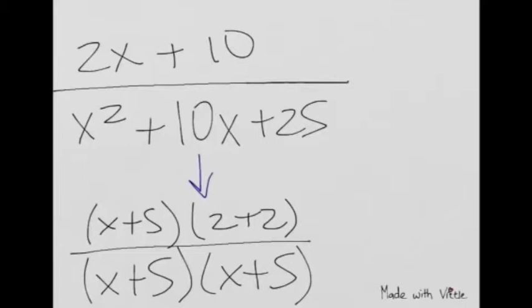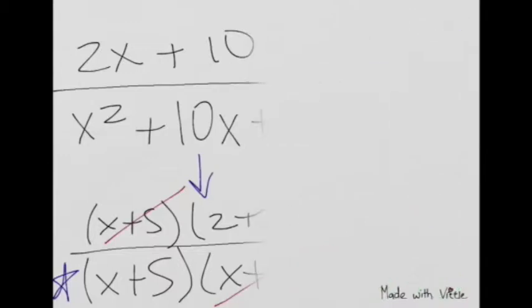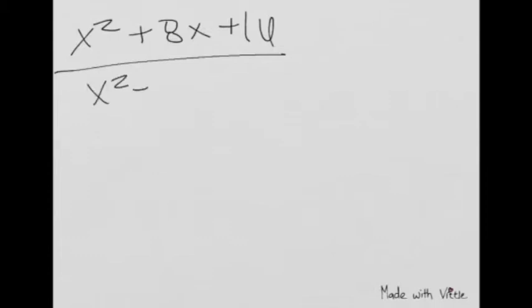From there, we are going to cross out common factors, and we're left with 4 over x plus 5. And as you can see in the first equation, this one, the restriction is -5.